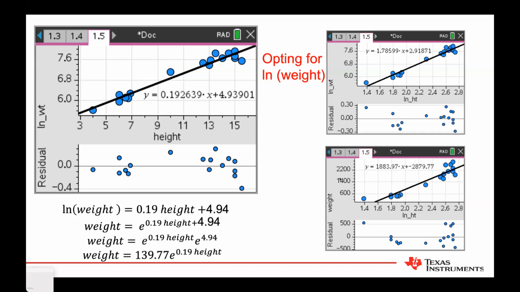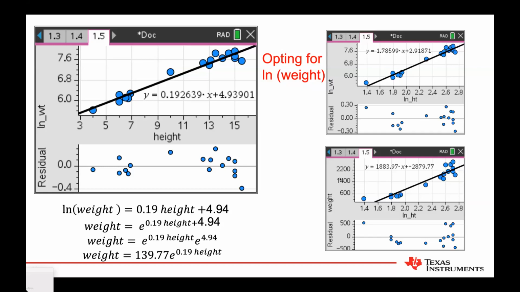And here's a really nice space for kids to understand what they've got. If I write the equation of the regression line, not using y equals x, but using my variable names, I have the ln of the weight, because that's the y value on the axis, equal to 0.19 times the height.